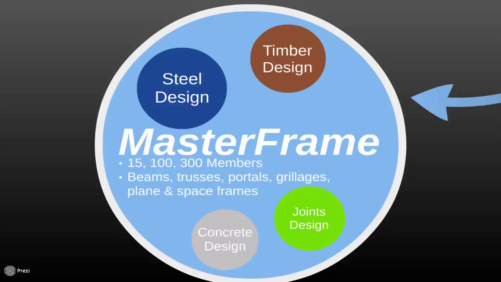In fact, we can do them in all 3 materials at once. So you could have a concrete frame with a little portal or truss sitting on top of it, and some timber in it, and then design the connection. So all integrated in that one system.